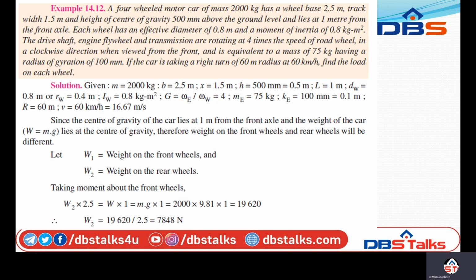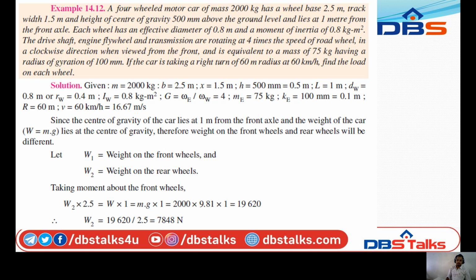Here what we are considering is that the center of gravity of a car lies at 1 meter from the front axle. So with that we are taking W1 as the weight on the front wheels and W2 as the weight on the rear wheels.